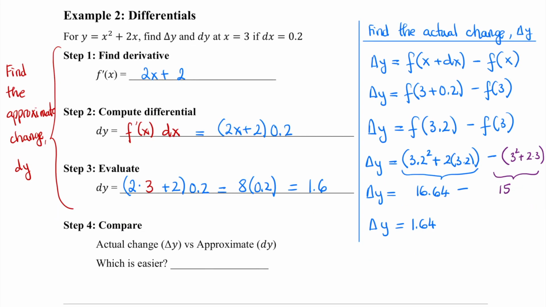Let's compare the results. The approximate change is 1.6 and the actual change is 1.64. These are very close. Which is easier? dy is easier to compute because we only need the derivative and simple multiplication.